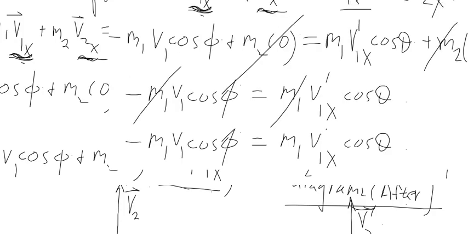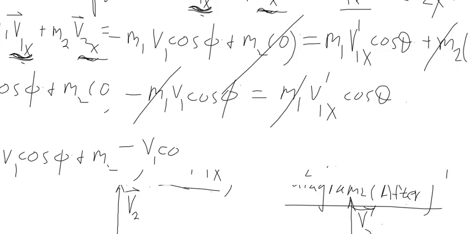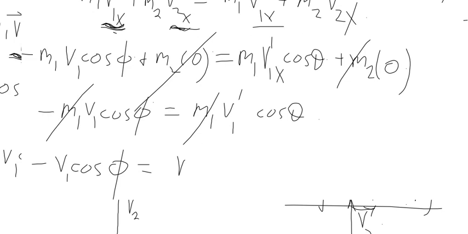This is now minus v1 cosine phi is equal to v1 prime cosine theta.